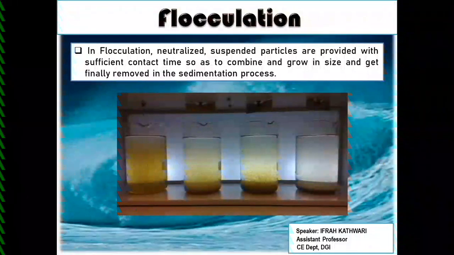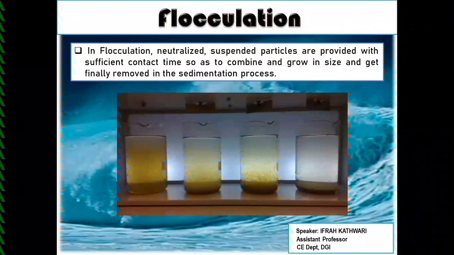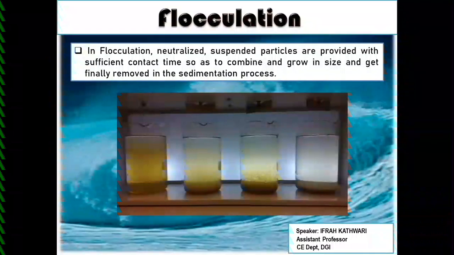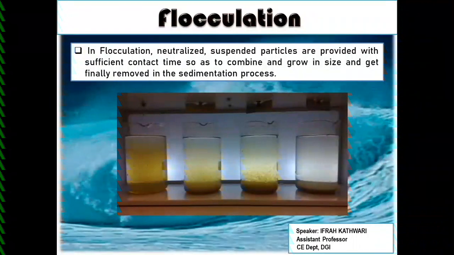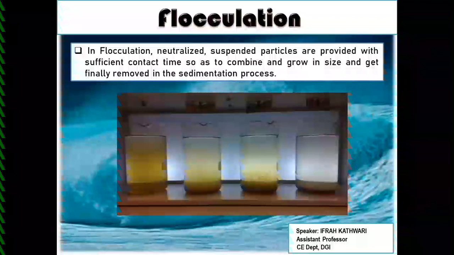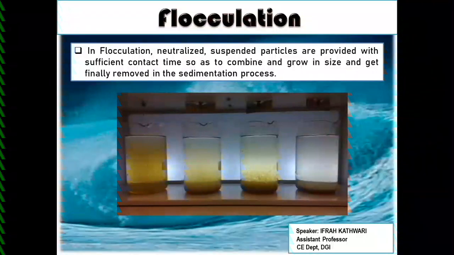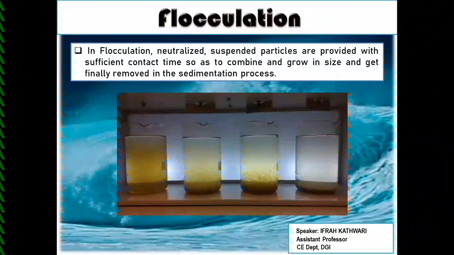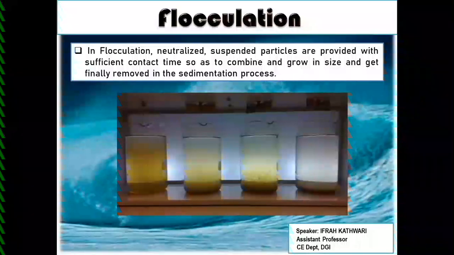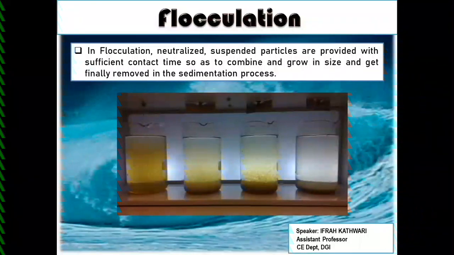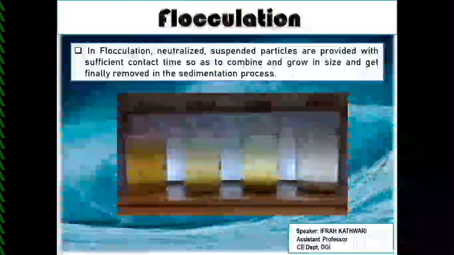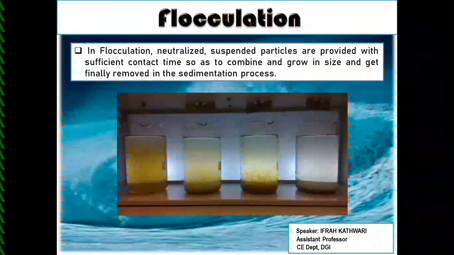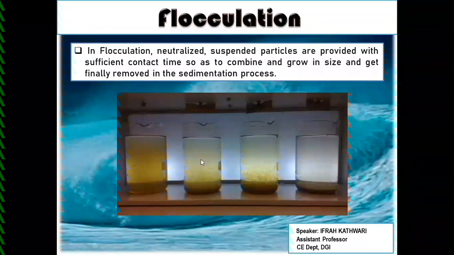If we go for rapid mixing in flocculation as well, these large particles that are formed due to flocculation will divide into smaller, finer particles, which will be very difficult to remove. So we need to go for slow mixing in the flocculation process.